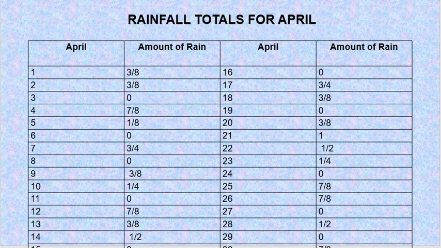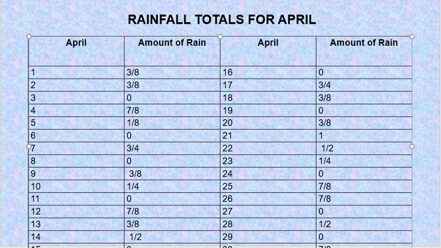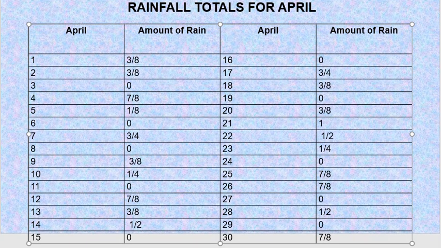Here is the chart you will use. It shows the month, shows the amount of rain. In making your tally chart and your line plot, you'll see here that we have eighths and we have fourths.